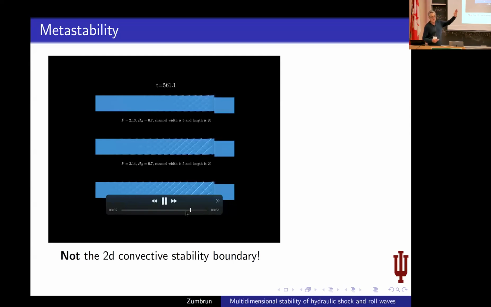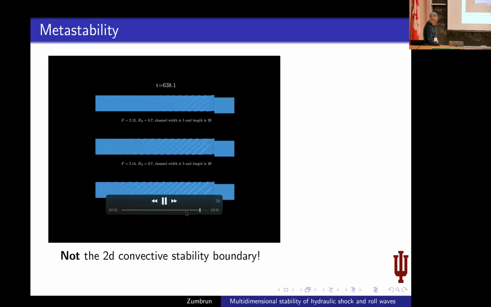It's all entering the shock very slowly because these numbers are pretty close. So the bottom one is clearly going to be unstable and go to herringbone flow. The middle one is very slowly going to become flat, I believe, but we never got there. The top one becomes pretty flat.